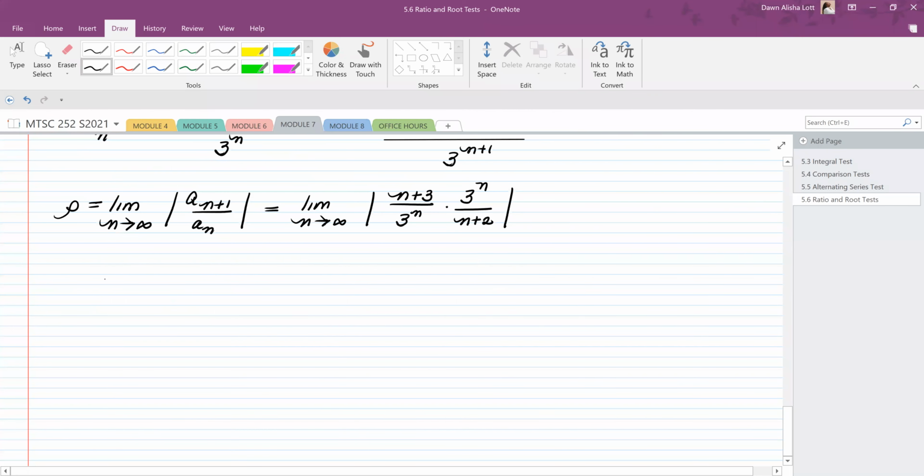So this is now the limit as n approaches infinity. Everything's positive, so I'm going to drop the absolute value.